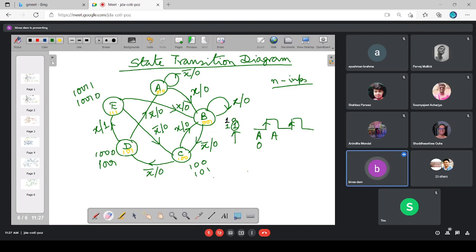So that's the state transition diagram. Once you can draw the state transition diagram, your job is 60% done. ছেলেরা যা ভুল করার স্টেট ট্রানজিশন ডায়াগ্রাম করতেই ভুল করে ফেলে। After this, whatever job is left is purely mechanical job.